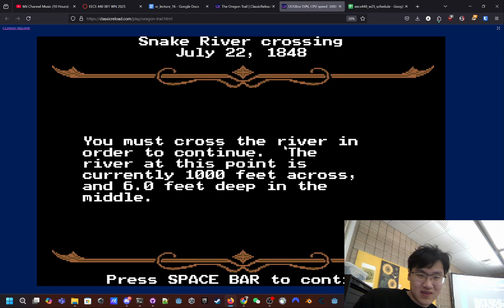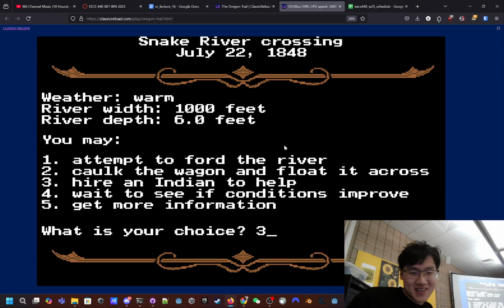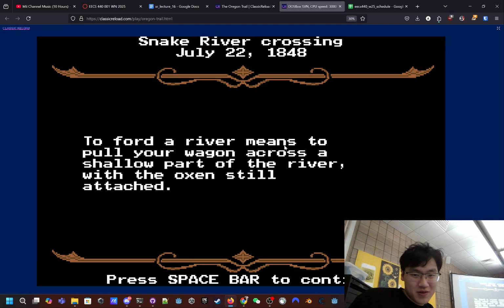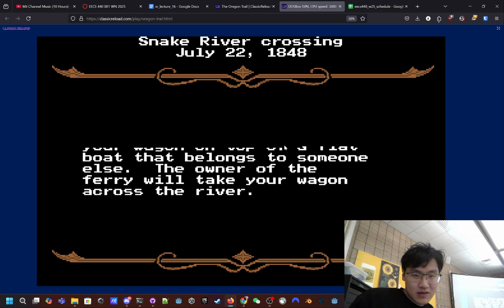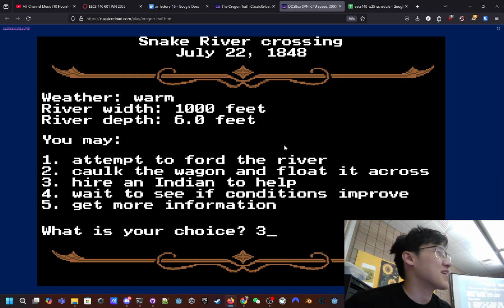Let's continue. Let's see. 6 feet deep, 1,000 feet across. Hire an Indian to help. What is that option? Oh, wait, can we get more info? Ford, use a ferry. Okay. Hire an Indian to help. I'm gonna try that.